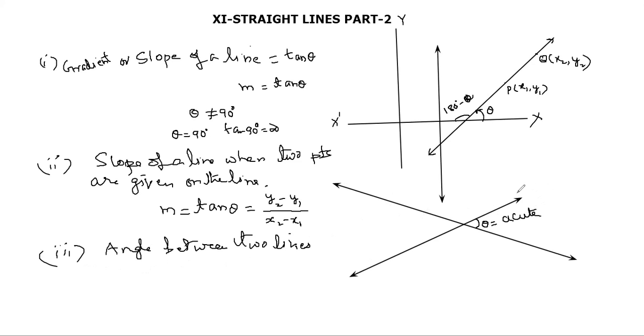If the gradients of the lines are given, suppose the slope of line AB is M1 and the slope of line CD is M2, then we can find the angle between them by using the formula tan theta is equal to the absolute value of M2 minus M1 upon 1 plus M1 M2.